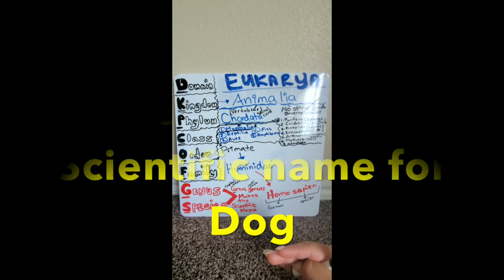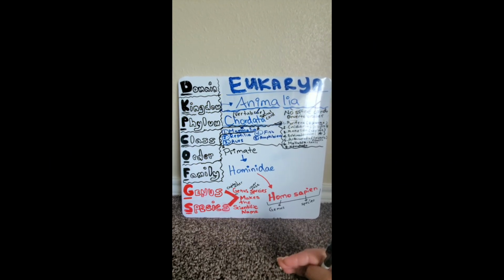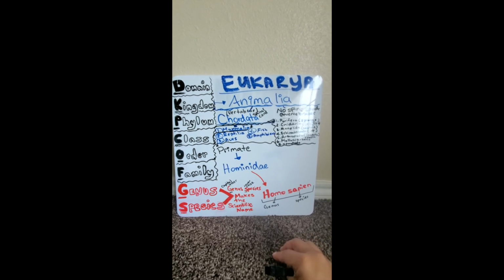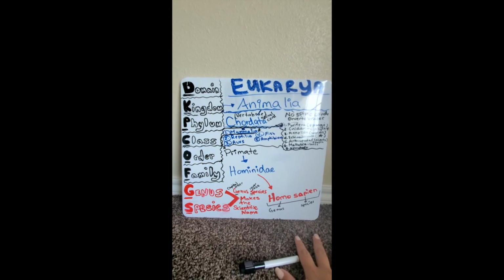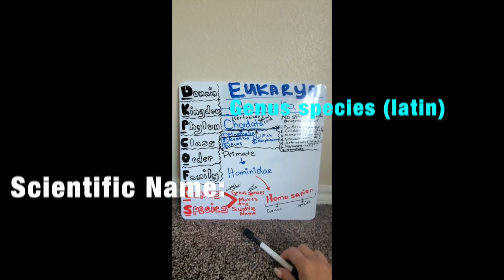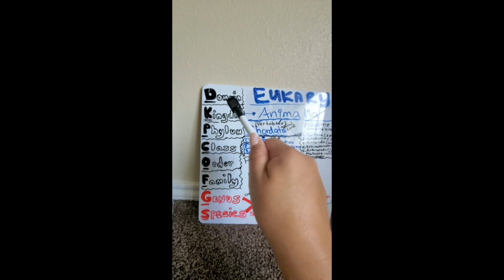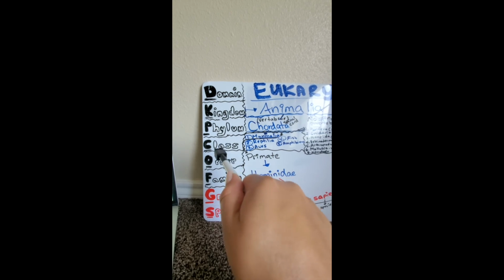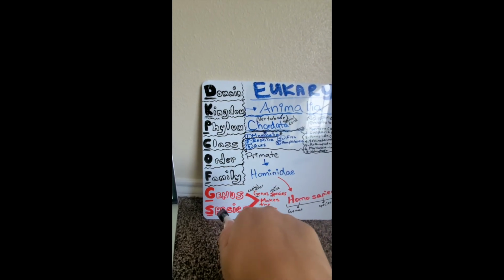And if you say something like Canis lupus familiaris, that's the scientific name for dog, and that is understood by scientists all over the world, regardless of what language you speak. So it is in Latin, and these are the levels of classification. Domain is the broadest or most general, then kingdom, phylum, class, order, family, genus, and species.